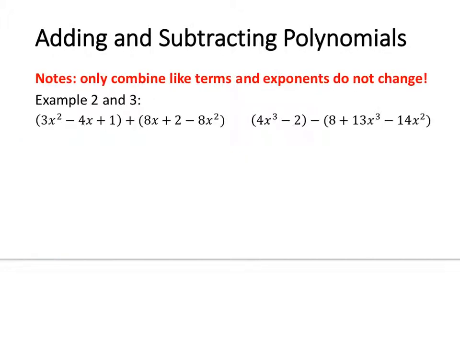With adding and subtracting polynomials, we first again look in the middle to see what operation they're wanting us to do. And then you still have to pay attention to the individual sign of each term. I also want my answers to be in standard form, so I'm going to start with x squared. So I'm going to add 3x squared to negative 8x squared.